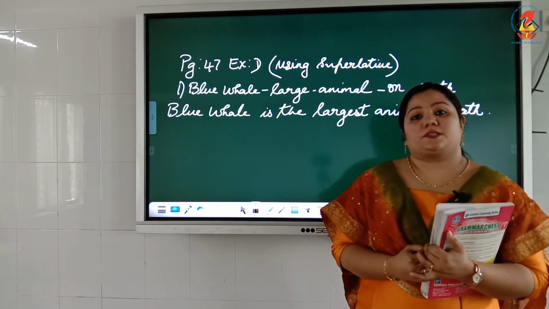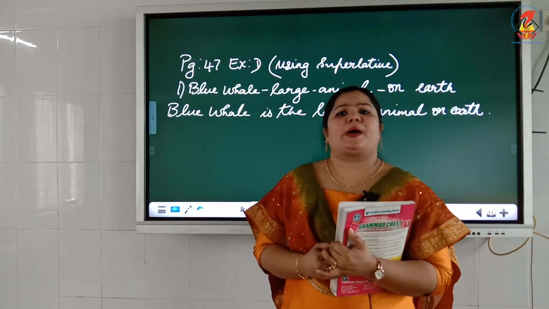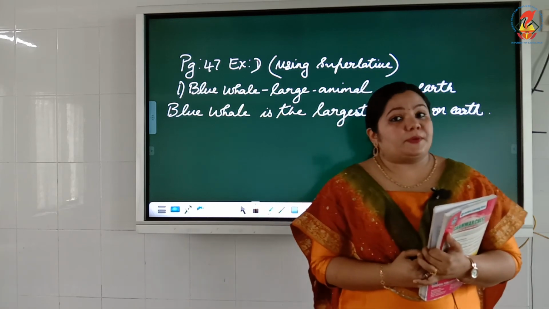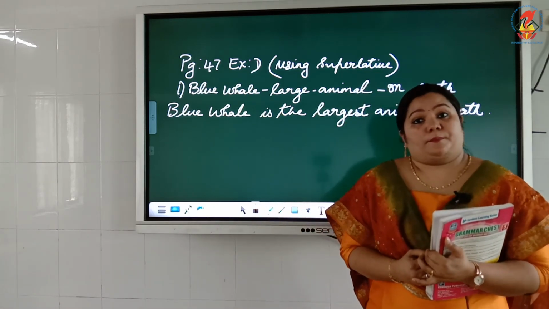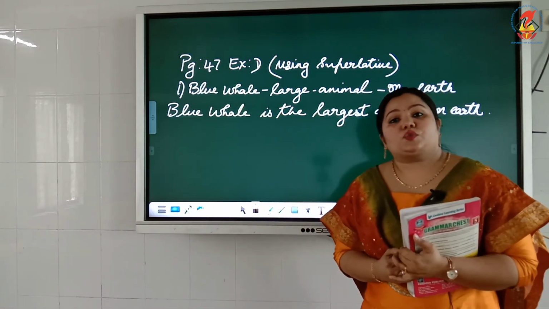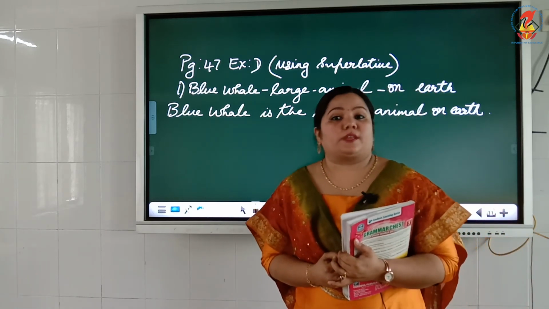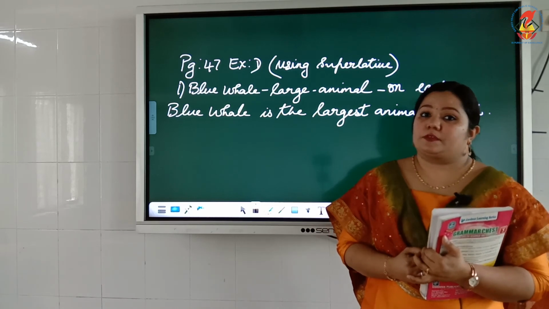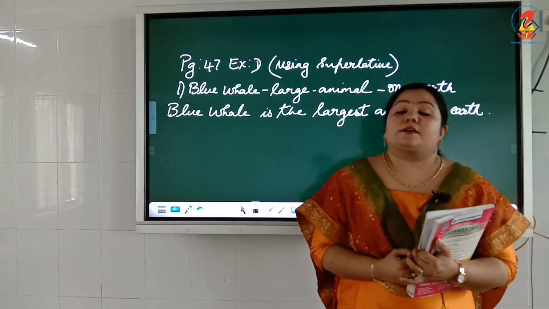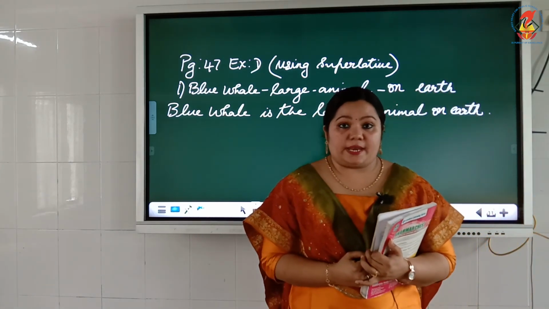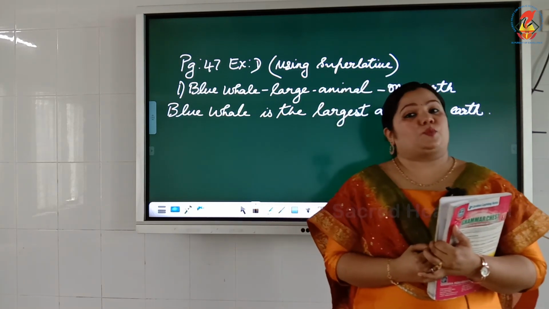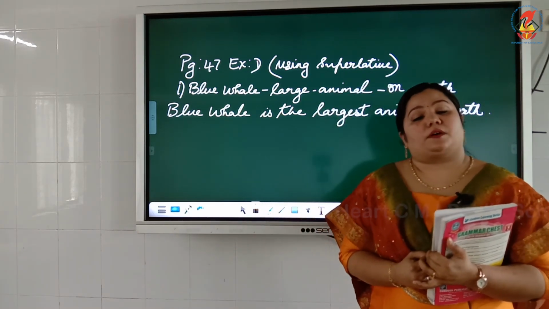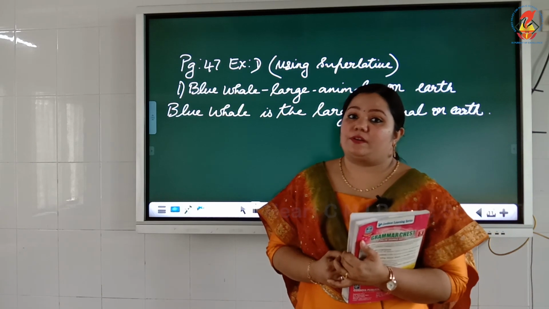That particular sentence is said to be in positive degree when no comparison is made. Then comparative degree of comparison: a comparison is made between 2 persons, animals or things. The sentence would be in the comparative degree of comparison. And the third one, superlative, is when comparison is made between more than 2 animals, persons or things.